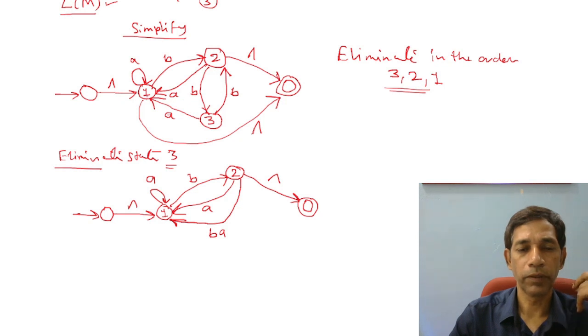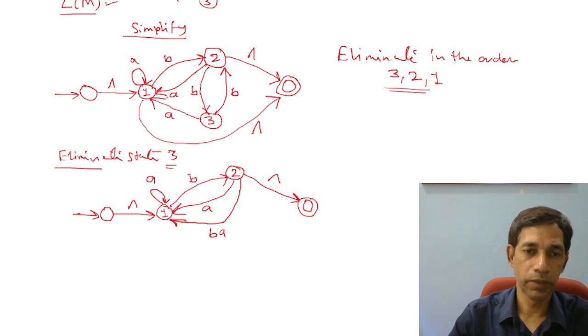You are not coming from state 1, you are just coming from state 2 only. So from state 2, you are coming to state 3, then you are going to state 1. So you have the direct edge from 2 to 1, and the label is BA.